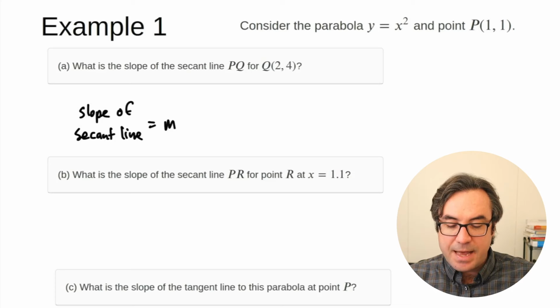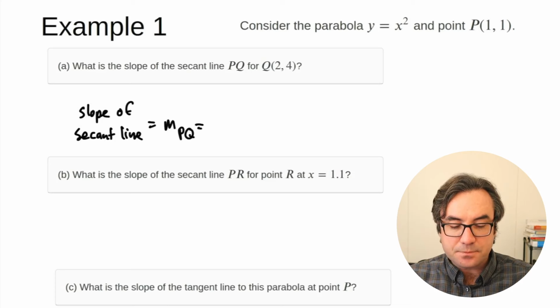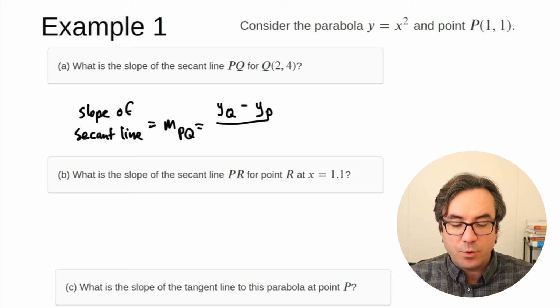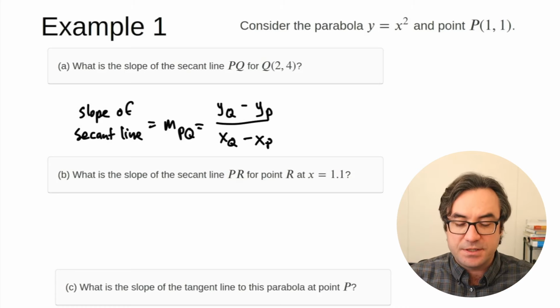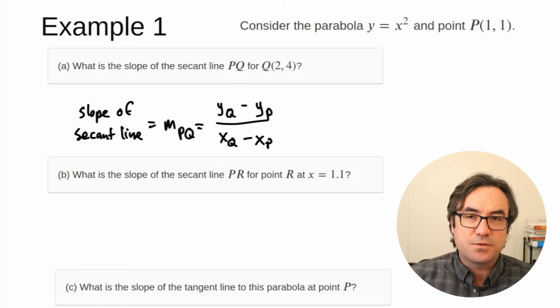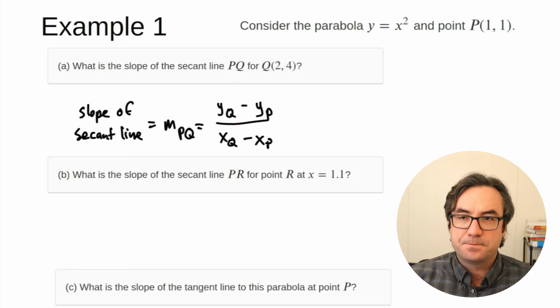We'll call this MPQ. Well, again, it's the y coordinate of point Q minus the y coordinate of point P divided by the change in x. And again, the order doesn't matter here as long as we're consistent. So I have the coordinates from point Q first. What's our y coordinate from point Q? Well, it's 4.